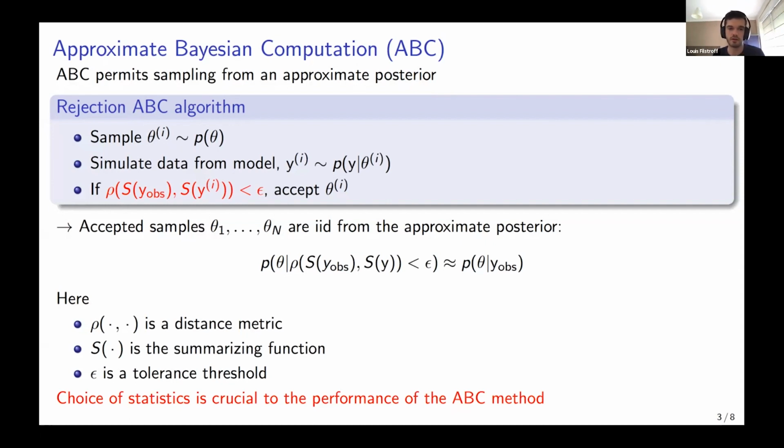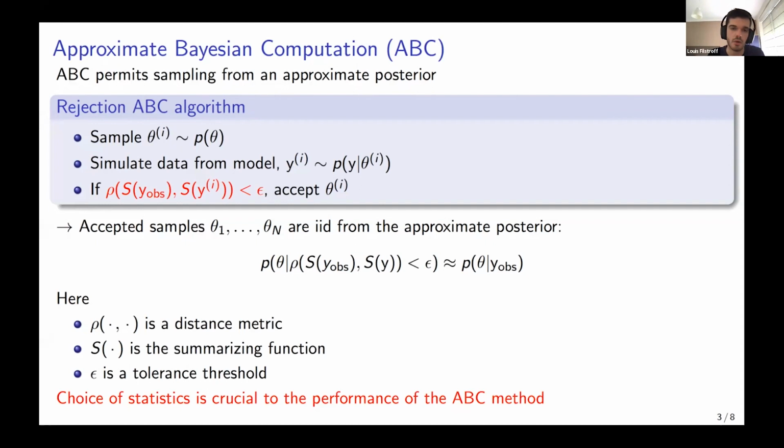We are going to compare if the summary statistics on the observed data and on the artificial data are, let's say, close enough, right? And if that's the case, then we are going to accept this parameter sample. So this is a rejection algorithm, and you repeat this until you have reached a certain number of samples, and these accepted samples are IID from this approximate posterior distribution.